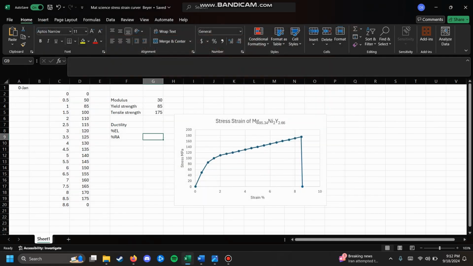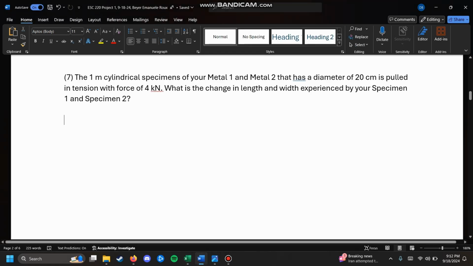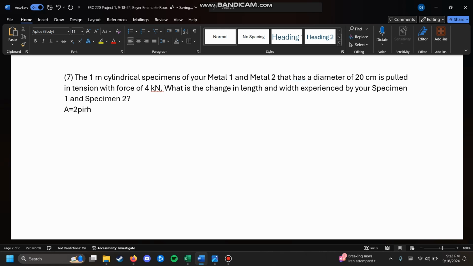So that's all that. Now for question 7. So we have here a 1 meter specimen of both the metals. I did everything ahead of time, but I'll show that the area of our cylinder is going to be 2 pi r h plus 2 pi r squared.